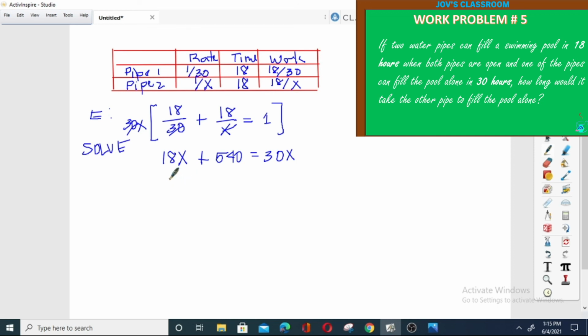Okay, so combine similar terms, x. 30x becomes negative, transposing to the left, and positive 540 transposed to the right becomes negative 540.